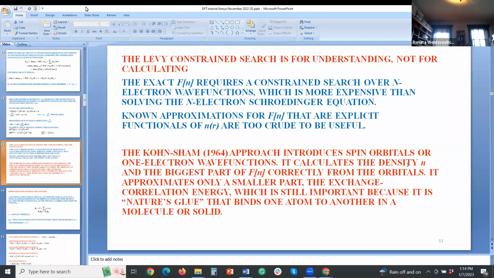I want to stress that the Levy constrained search is for understanding. It's not for calculating. The exact universal functional F of n requires a constrained search over n-electron wave functions. And that's actually more expensive than solving the n-electron Schrodinger equation.